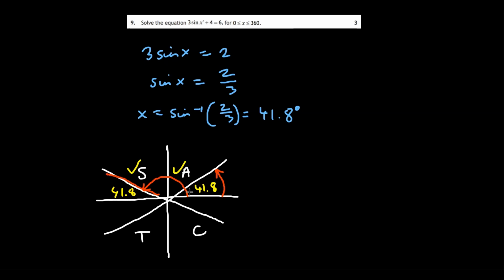So we just go up to these lines in the diagram. And then that one would be 41.8 degrees. And the other one is just 180 minus 41.8. Because if you think about it, all the way up to here, that would be 180. So this would just be 180 minus that part.